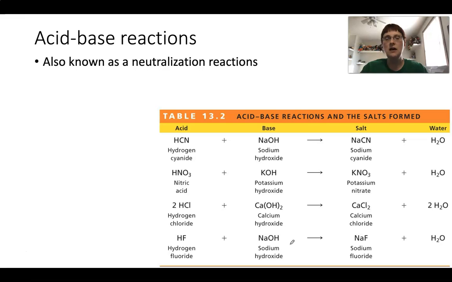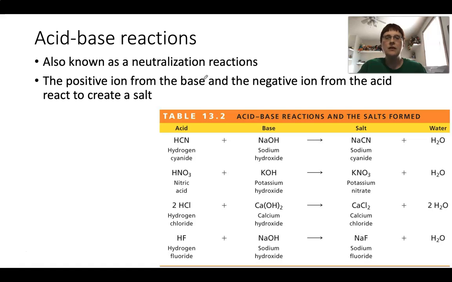That Mylanta or Tums contains a base, and so they will neutralize each other when they react, and they will create two things. The positive ion from the base and the negative ion from the acid are going to react. That's how they neutralize each other, and they're going to create a salt.